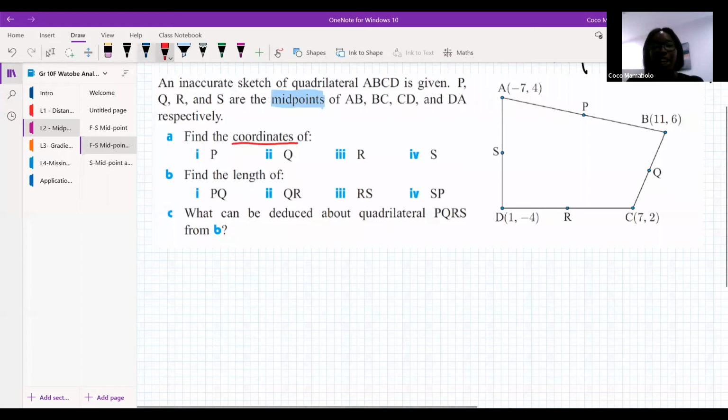Liatruma, we're doing question A, 1, 2, 3, and 4. So find me the coordinates for P, Q, R, and S, please, my sweetie.